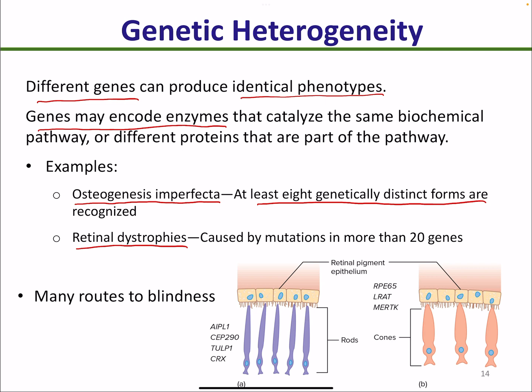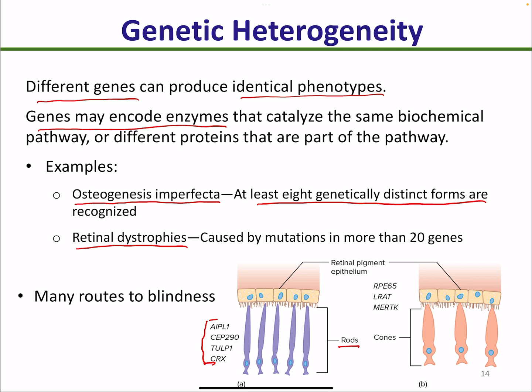You're going to have, for instance, the rods that can be affected, you have a particular number of genes that, when altered, can cause blindness. That's for the case of rods, right? In the case of cones, you have some other sets of genes that, when affected, can lead to blindness.